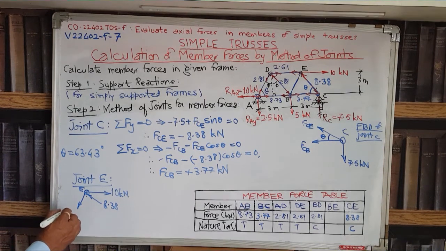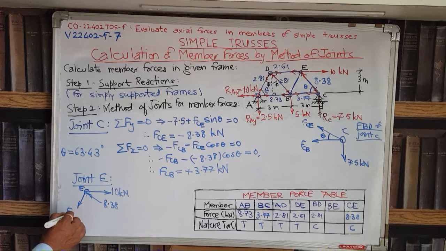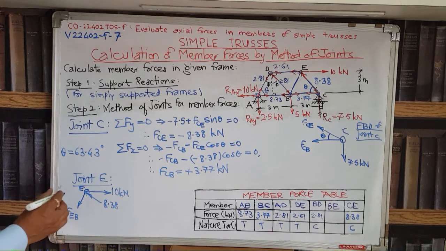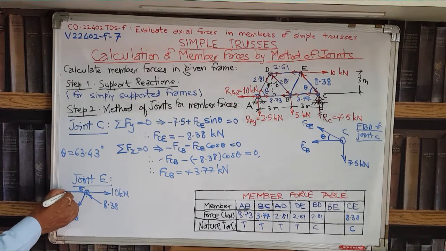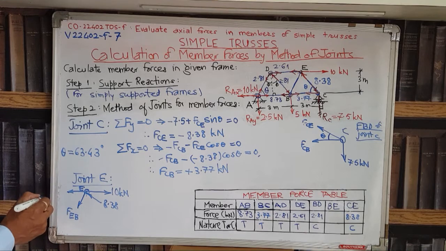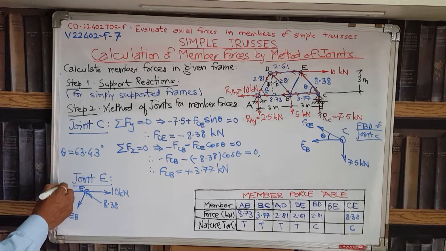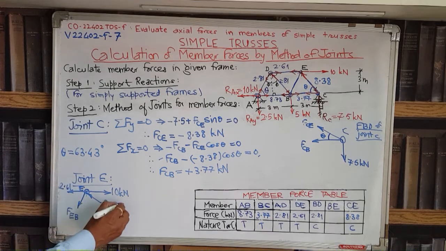So it is FEB. And there is an x direction force here. Its direction is known. It is 2.61 kilonewton.